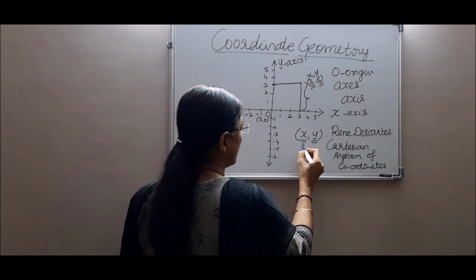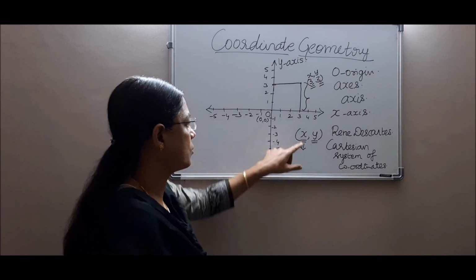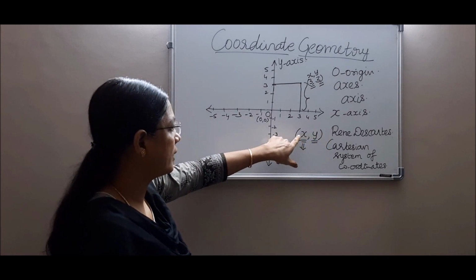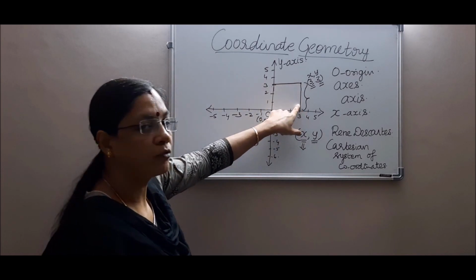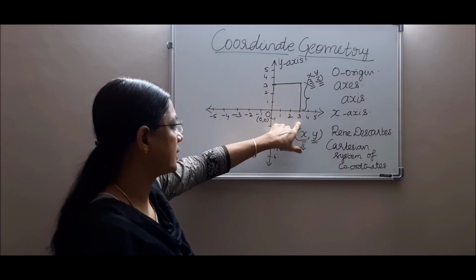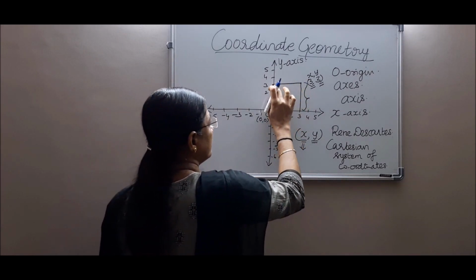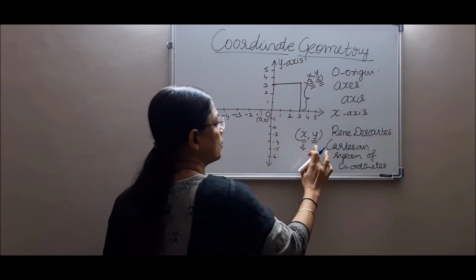Now what is this called? This is called the x coordinate, and this is called the y coordinate. Okay, the x coordinate is the point at which the perpendicular dropped from the given point reaches the x-axis, and the perpendicular which meets the y-axis is called the y coordinate.